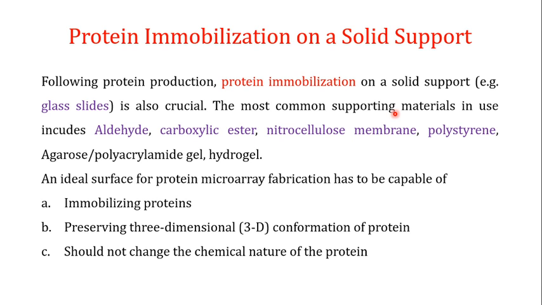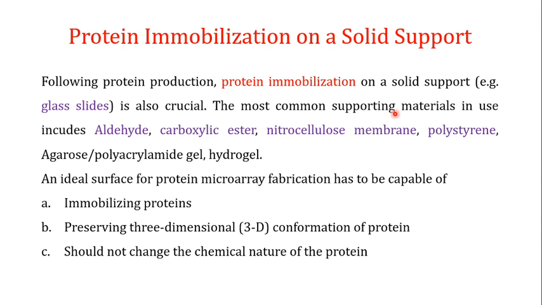Now, when you talk about the protein immobilization on the solid support, once you have made your desired protein by utilizing any of the strategies that we just discussed, that you take from the cell lysate, you use the recombinant DNA technology, you go for synthetic peptide synthesis, or you go for the cell-free translation system.